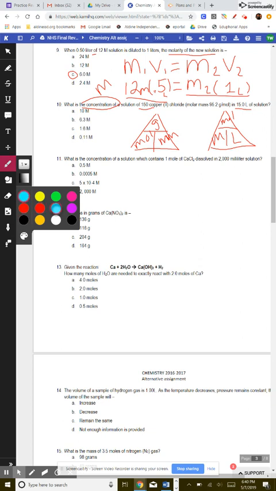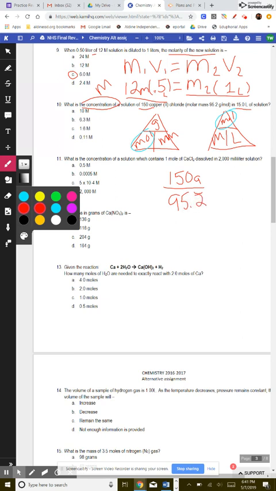Okay, so I'm going to use this triangle, mole, so I can use it over here in conjunction with molarity and liters. So it goes like this. I have grams over molar mass, so I do 150 grams divided by the molar mass, 95.2.